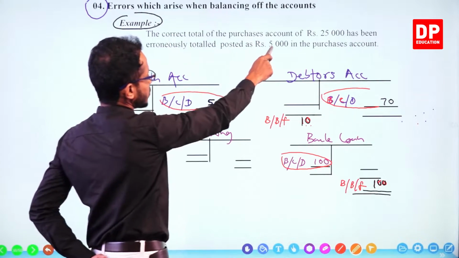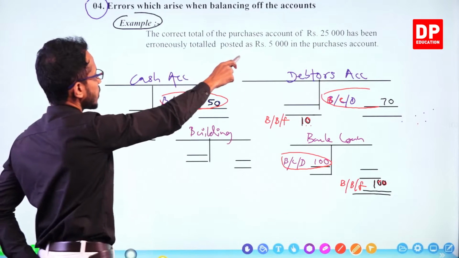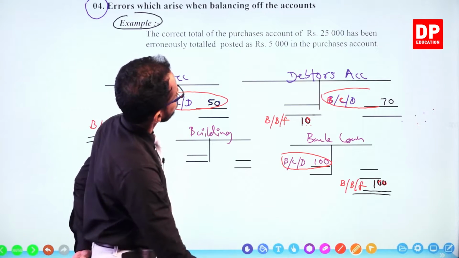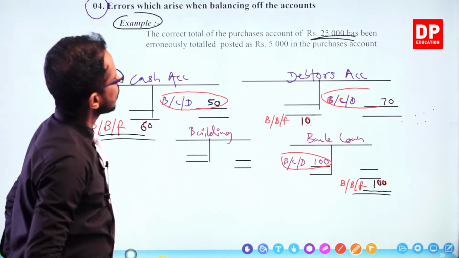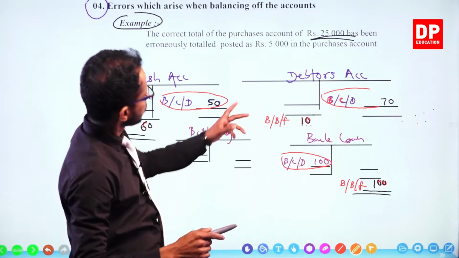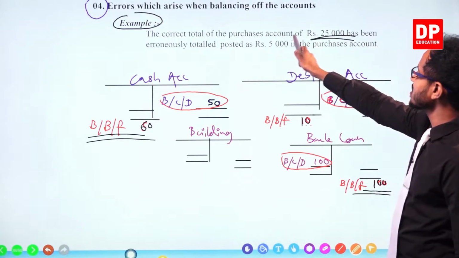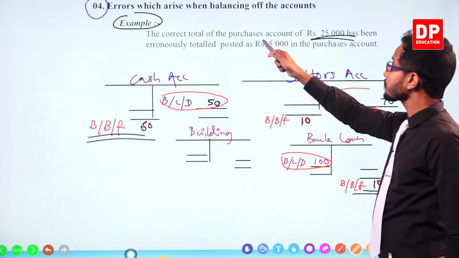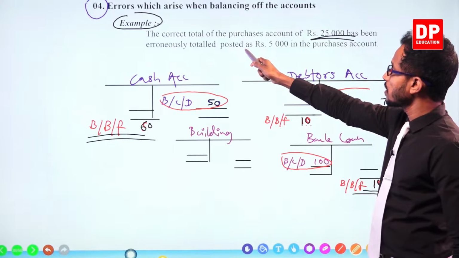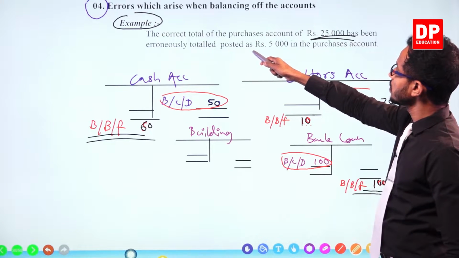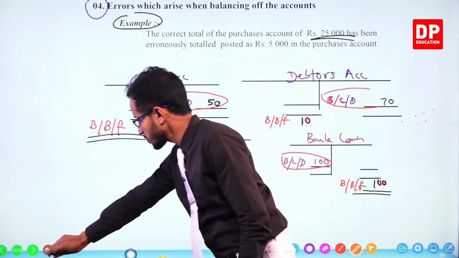The correct total of the purchases account, 25,000, has been erroneously totaled, posted, as 5,000 in the purchase account.